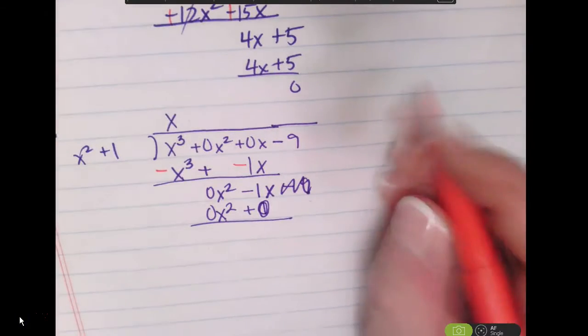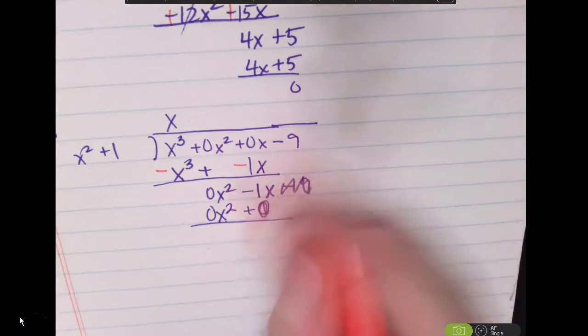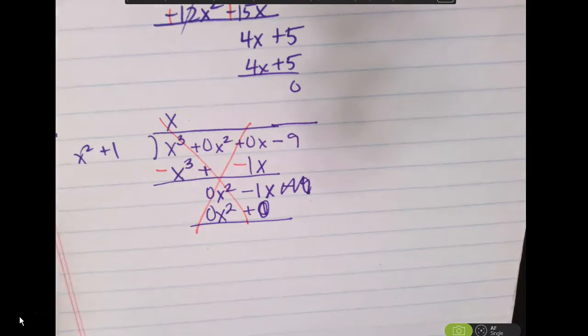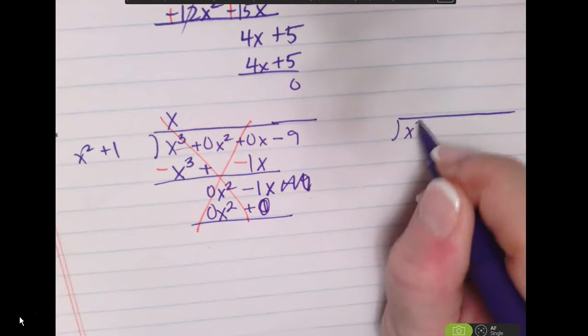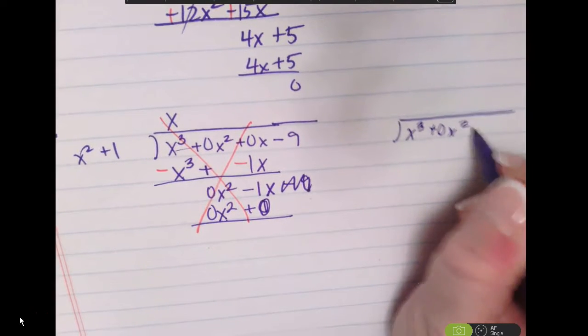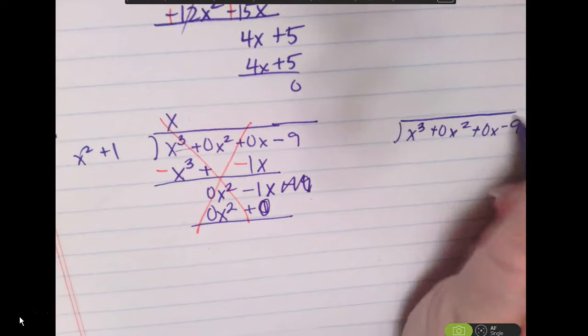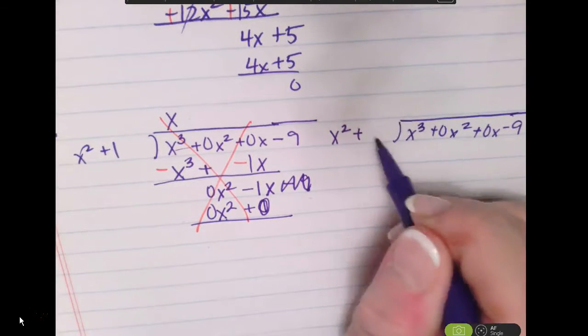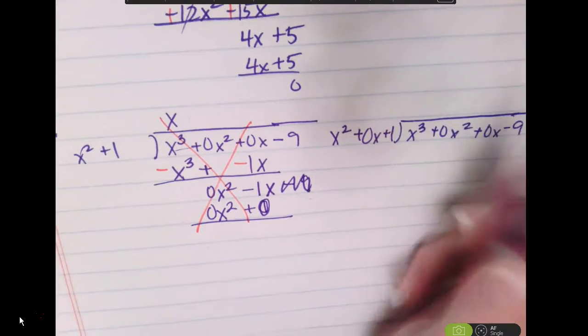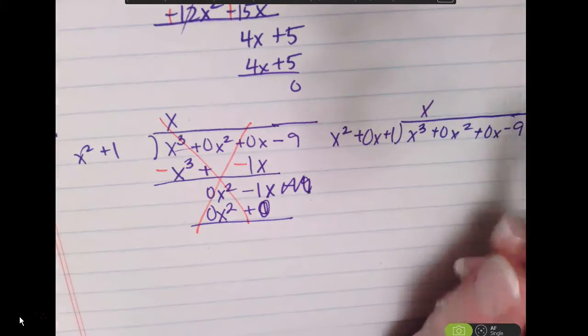Alright, sorry, just figured out what I was doing wrong here and why this was not working out. I'm going to start over again. I remembered to put things in descending order and add in 0 terms on the dividend, but not the divisor. So I needed to have x squared plus 0x plus 1. So now let's see how this goes.